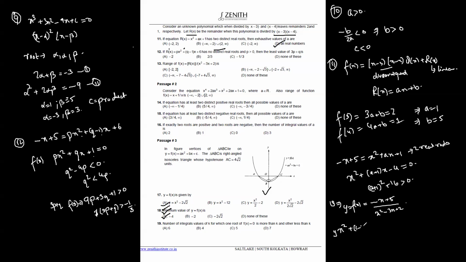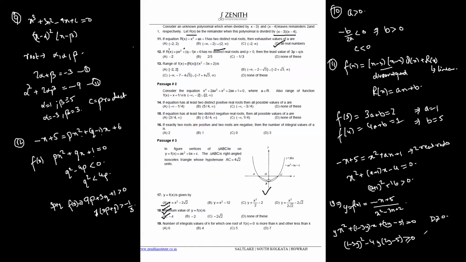plus 1 minus 3y x plus 2y is equal to 2y minus 5, equal to 0. Now we put D greater than or equal to 0. So that will be (1 minus 3y) whole square minus 4y into (2y minus 5).